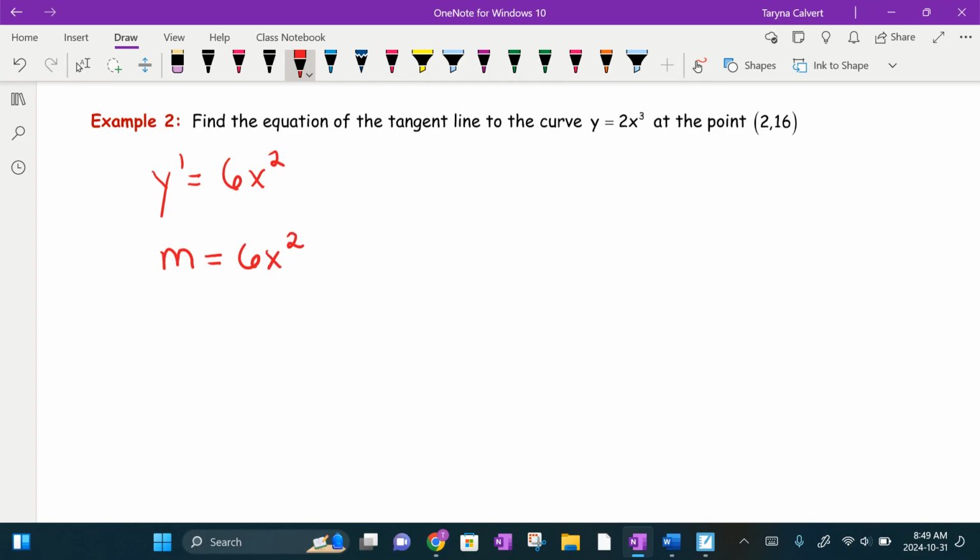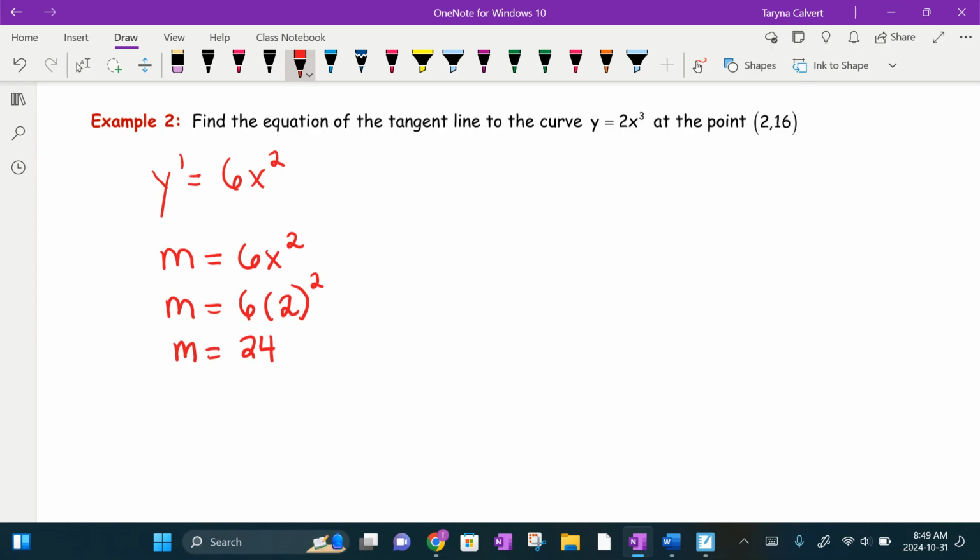Yes, so since it's my slope function, it's also my m equals function, which m is standing for slope. So what do I put in to get my slope? Just my x value. So if I put my x value in, I'm left with 24. So there's my slope.